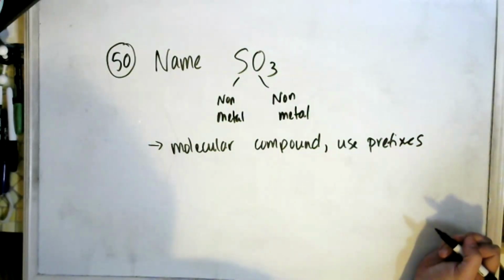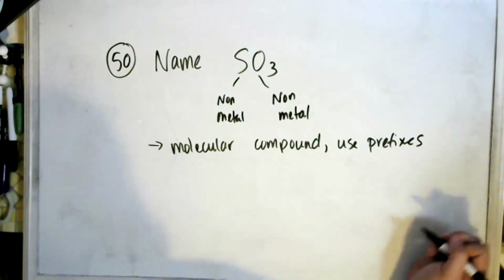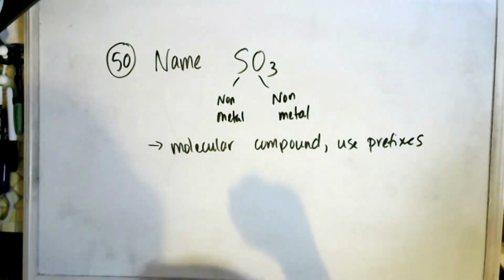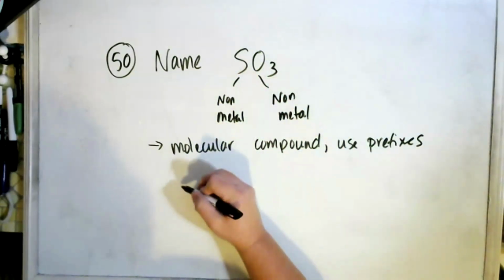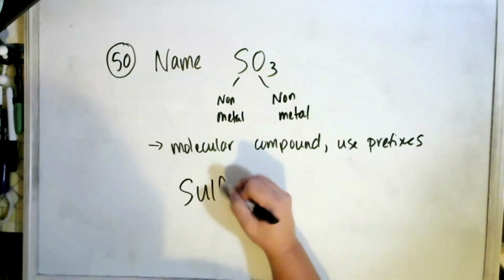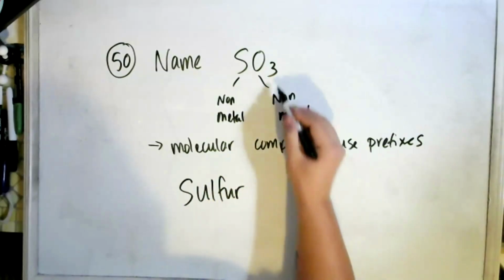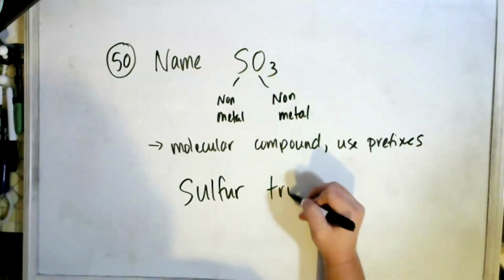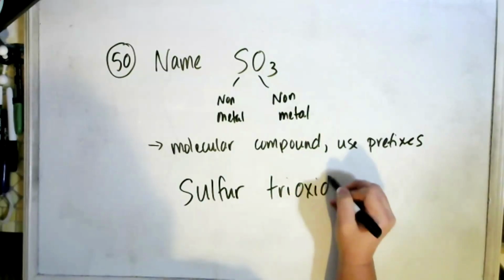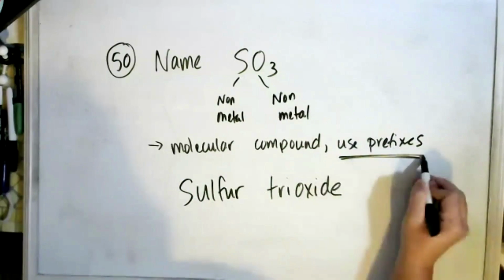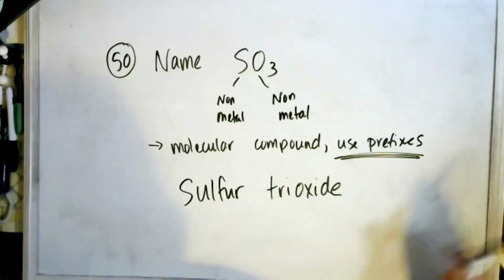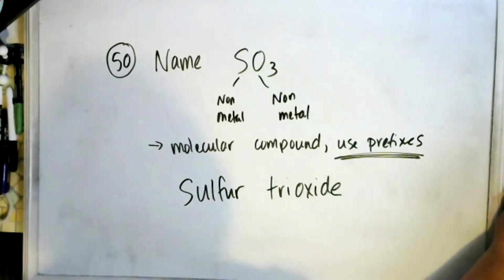All right. And so we have 1 sulfur, we have 3 oxygens, and so our name is going to be sulfur trioxide. Okay. Molecular compounds, you have to use your prefixes for those.